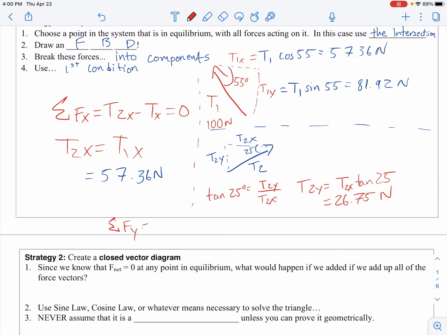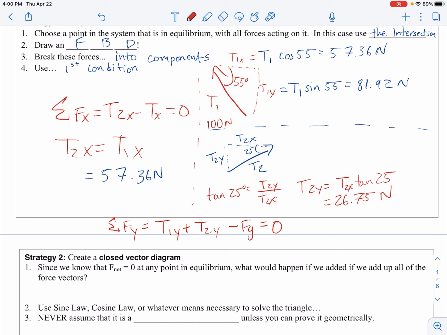What are my net forces in the y direction? I have the two cables, so T1y plus T2y are holding the sign up, and I subtract the force of gravity of the sign.